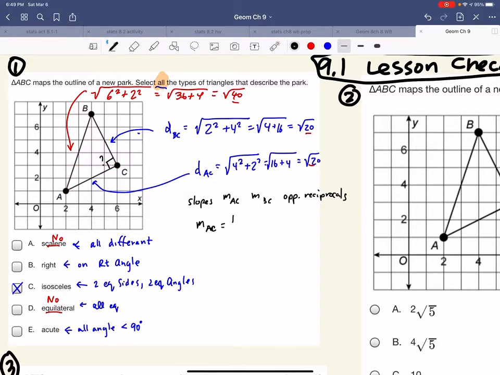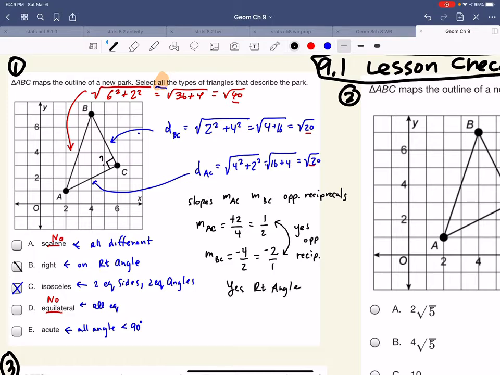So that's rise 2, run 4. The slope of BC, let's do that. We'll go from B to C, so I go fall 4, run 2. So fall 4, run 2. Interesting, right? Those are opposite reciprocals. So that means, yes, they are a right angle.